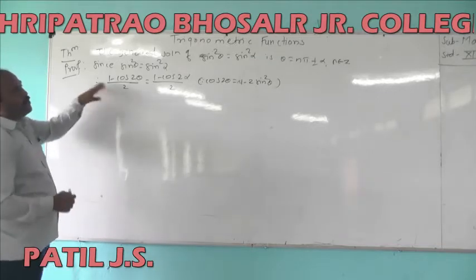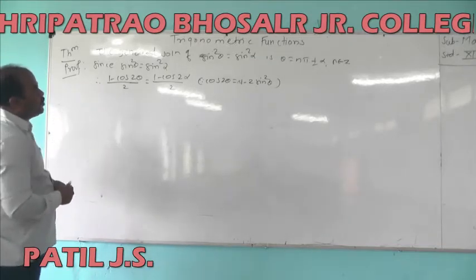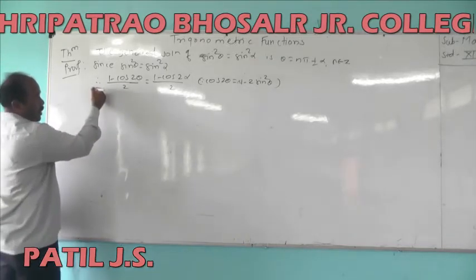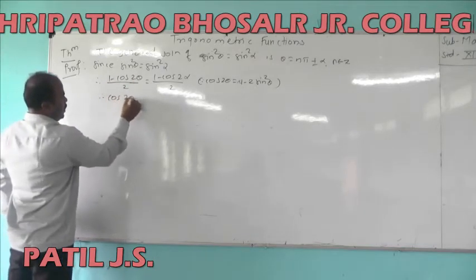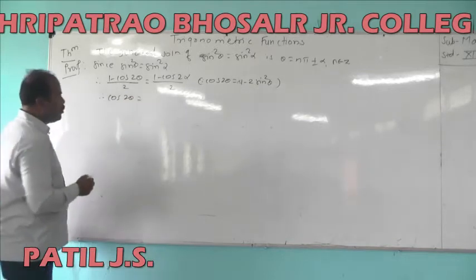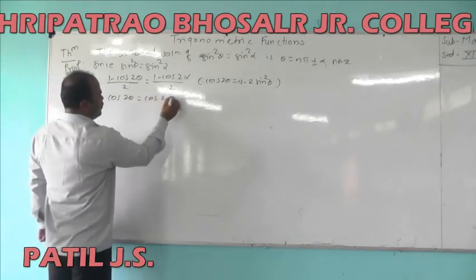That means 2 sin square theta is equal to 1 minus cos 2 theta. The 1 by 2 and the minus get cancelled. The next step is cos 2 theta is equal to cos 2 alpha.